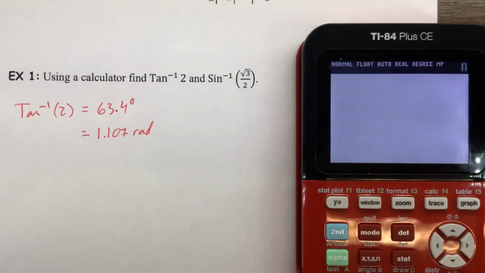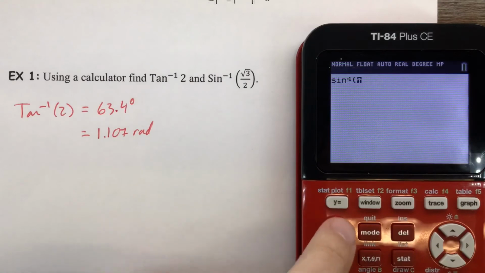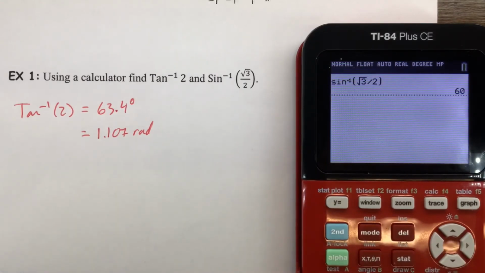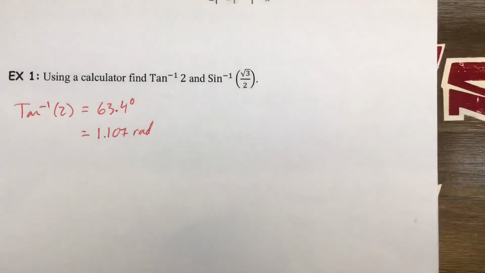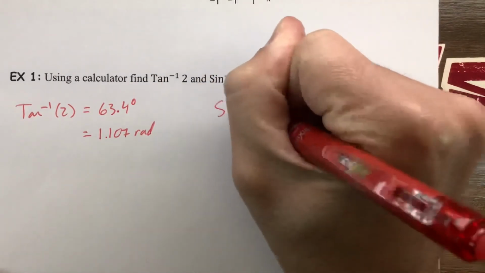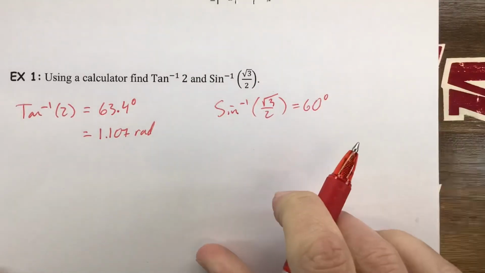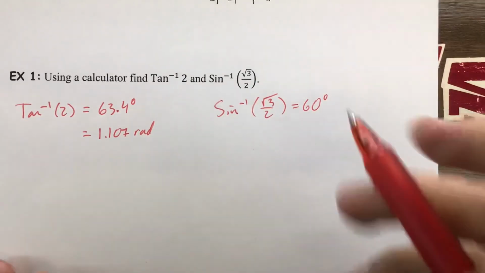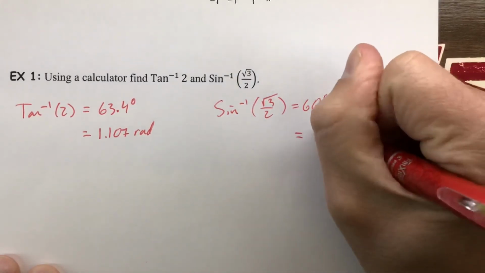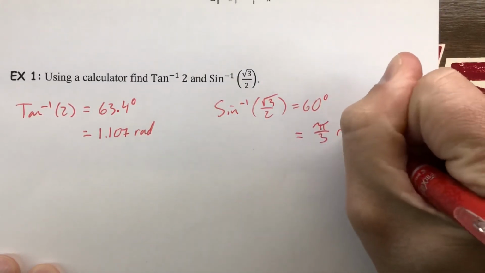The arcsine of square root 3 over 2 is going to give you back 60 degrees. So the arcsine of square root 3 over 2 is equal to 60 degrees. In terms of radians, that would also be pi over 3 radians.